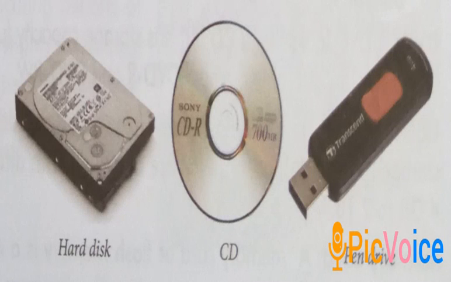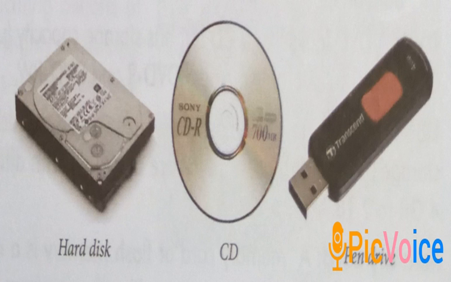Then CD. A CD-ROM or compact disc read-only memory is a small disk on which around 700 MB of data can be stored. There are two types of CD. One is CDR or compact disc recordable, and second is CDRW or compact disc rewritable.